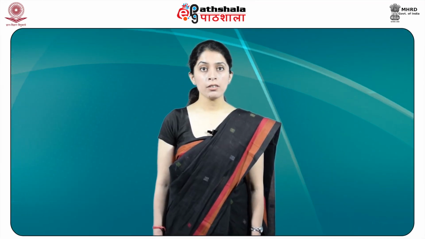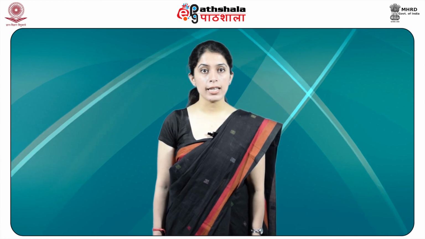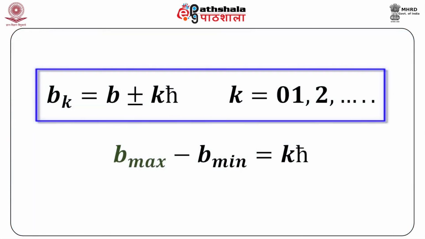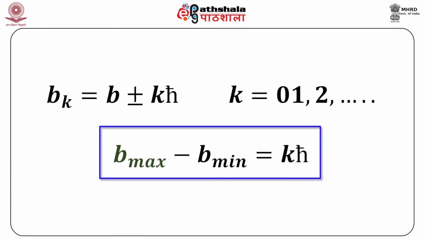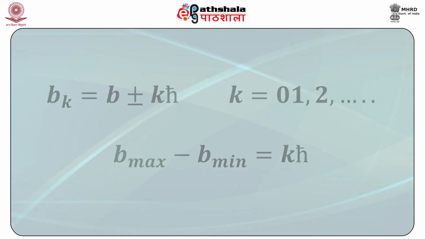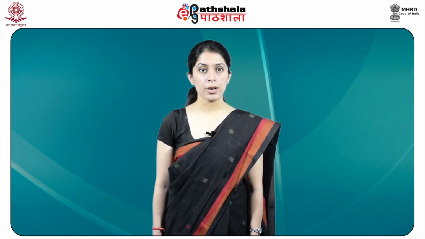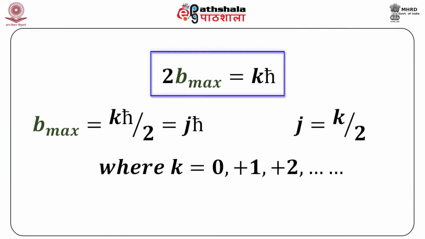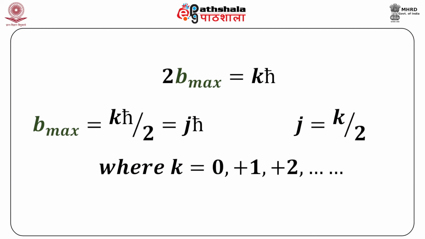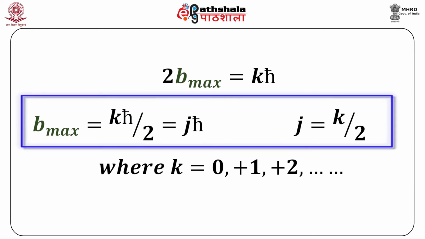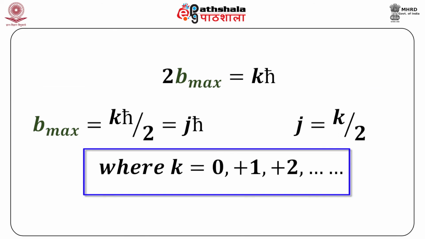With this, the eigenvalues of angular momentum component Lz become B k equals plus or minus kħ, where k equals 0, 1, 2 and so on. B max minus B min equals kħ. Now substituting this expression, we get the equation 2B max equals kħ, which on further simplification gives the value of B max as kħ by 2, which becomes equal to jħ, where j is taken as k by 2 and k can take values 0, 1, 2 and so on.